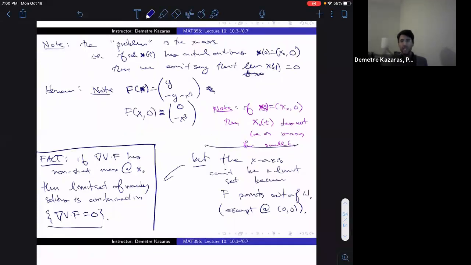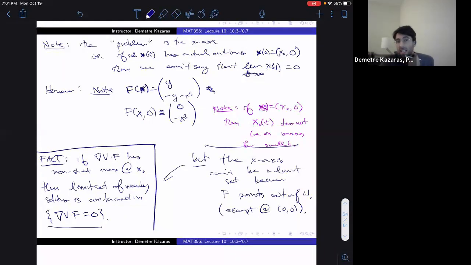Okay, so what that allows us to do, as we were saying in this purple note, is this. We were worried about what if you started out on the positive x-axis or nearby it? Would you just be attracted to the positive x-axis away from the origin? Well, it doesn't seem like that, because the capital F actually forces you off of the positive x-axis, and this fact allows us to make that argument rigorous.